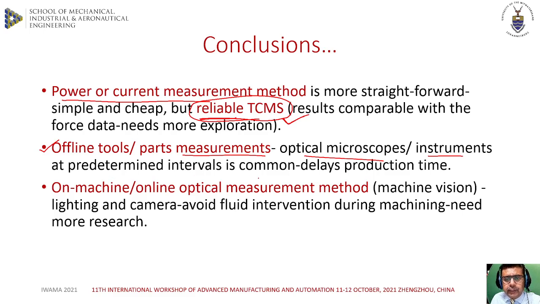The results are quite accurate, but the only drawback is that production time is lost. When production time is lost, they cannot be used for tool condition monitoring systems, because whatever we want to do, we want to do in the actual industrial setup.